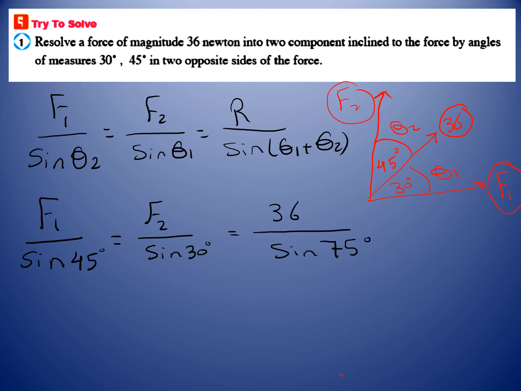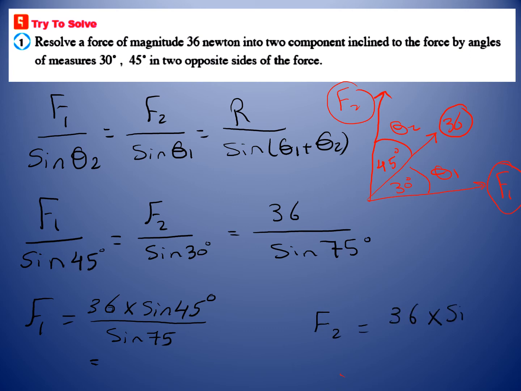To get F1 and F2, by cross multiplication, F1 is 36 multiplied by sine 45 over sine 75, and F2 will be 36 multiplied by sine 30 over sine 75.